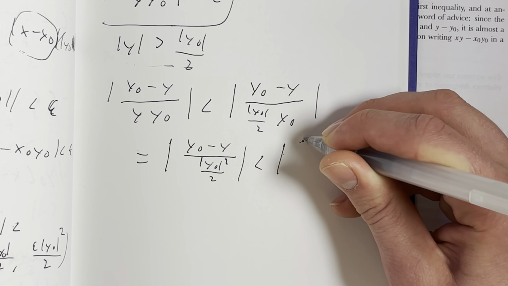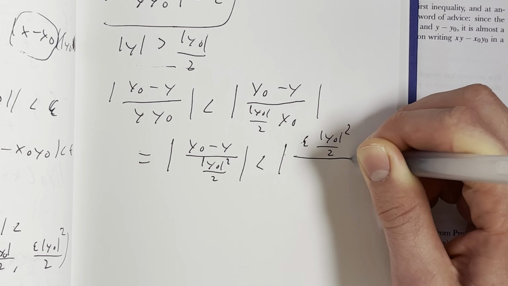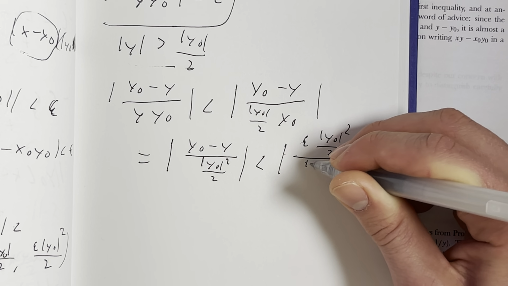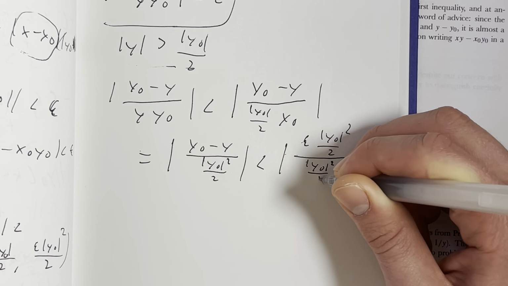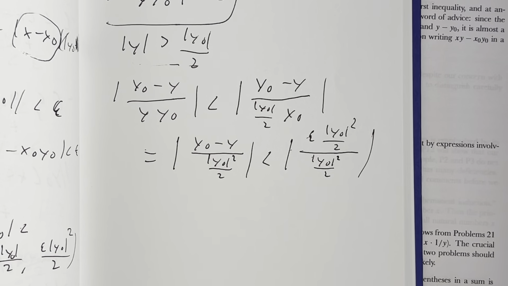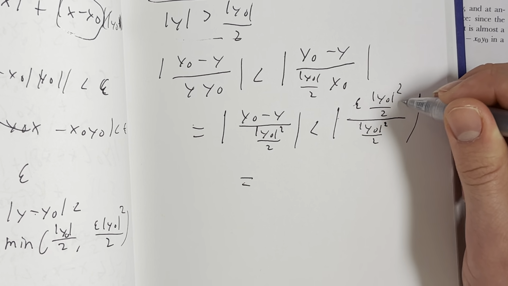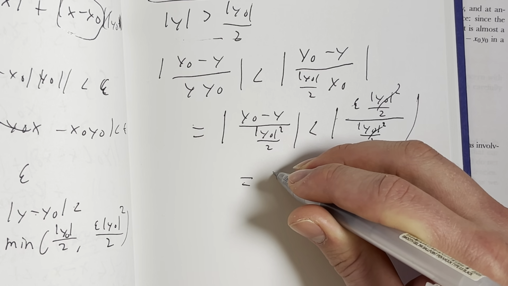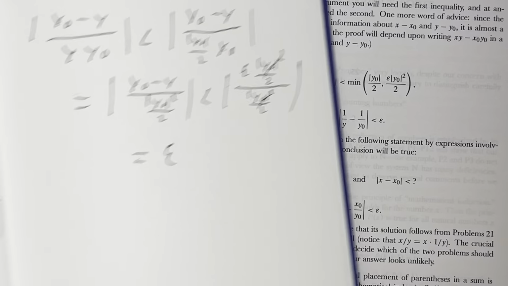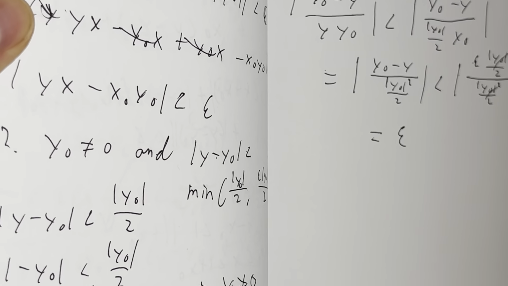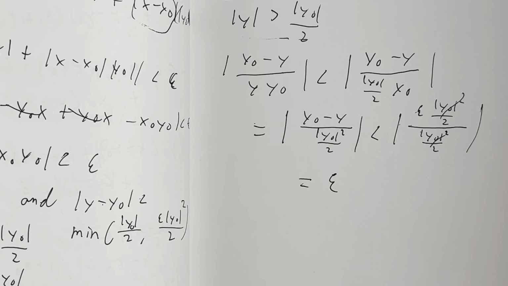So it's epsilon times absolute value of y0 squared over 2 over absolute value of y0 squared over 2, and these cancel out, so it's equal to epsilon.